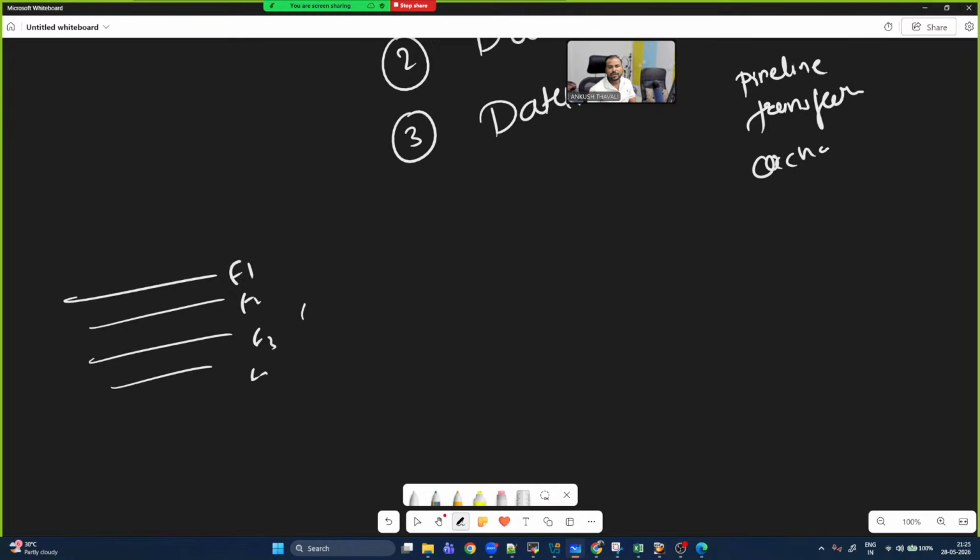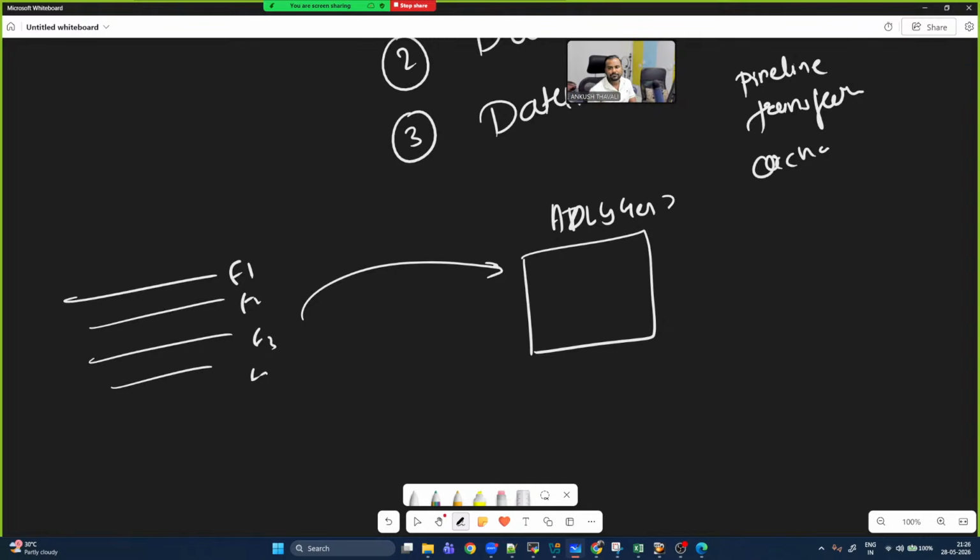I want to move these files to ADLS Gen 2, which is a storage of your Azure. I want to do the ingestion into ADLS Gen 2 or Azure Blob Storage. So basically I have files which are available locally, and I want to move them to the ADLS.